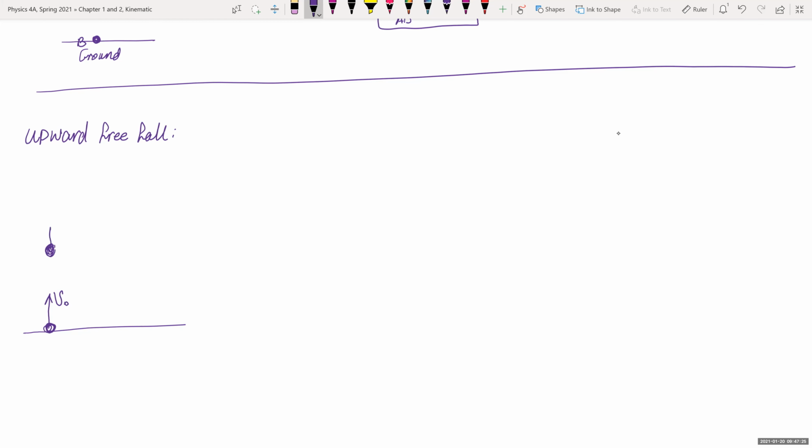As it goes up, the velocity decreases and finally stops, and then it starts to return to the initial point.